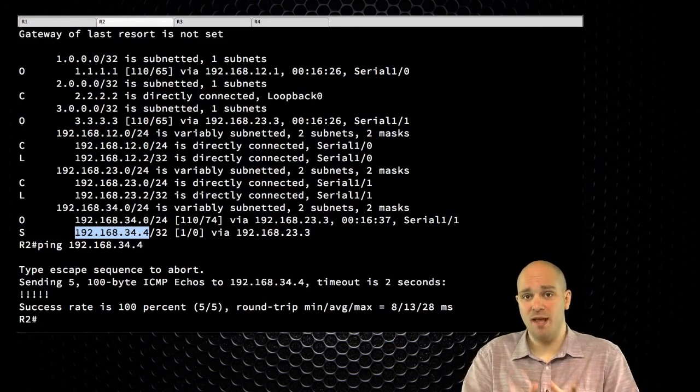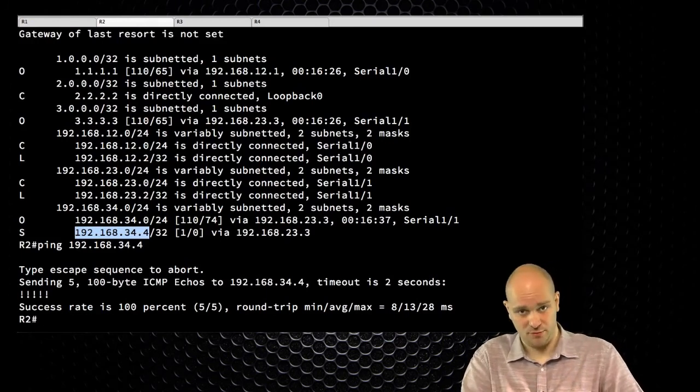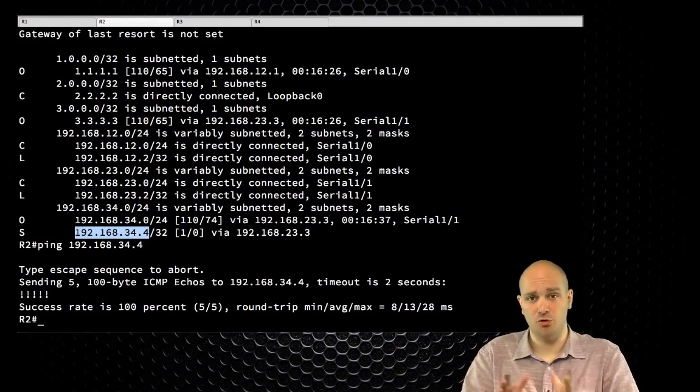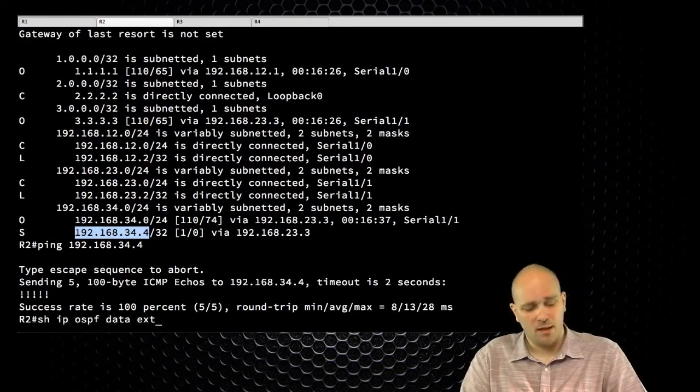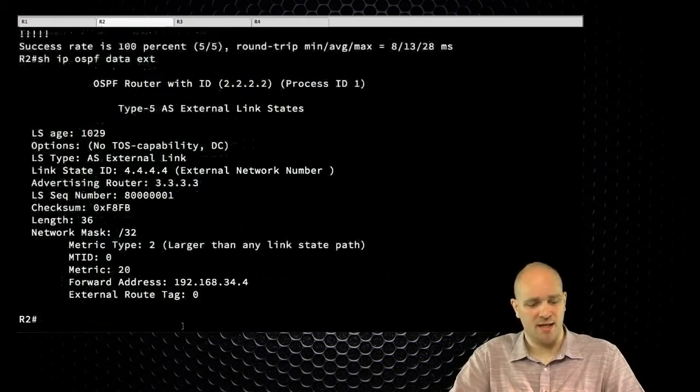This causes OSPF not to trust this route. Now, this is another rule of OSPF. If an OSPF router receives an external LSA that has a non-zero forward address, this address, in order to be used, must be known by OSPF.